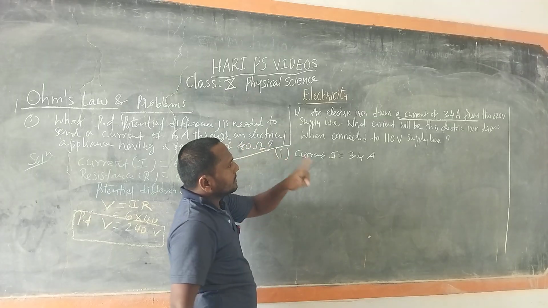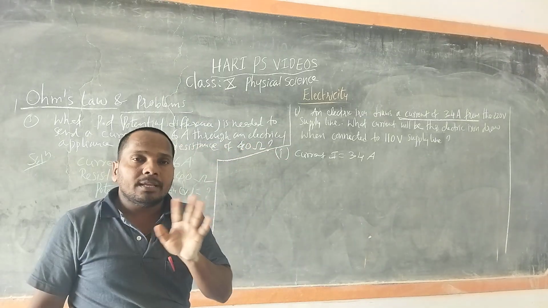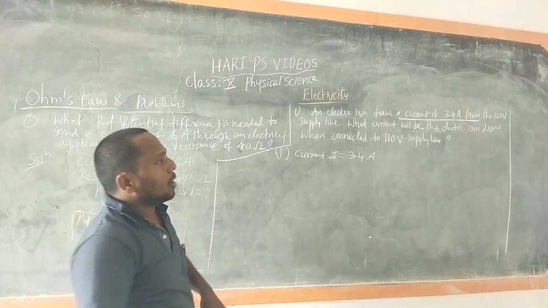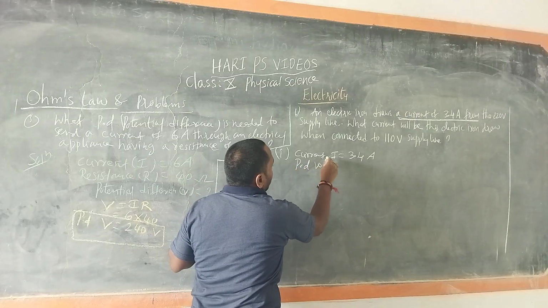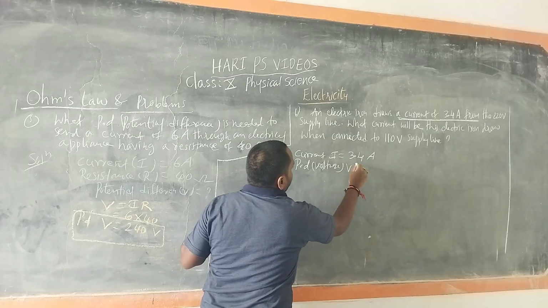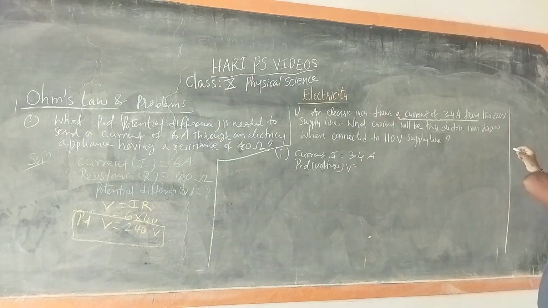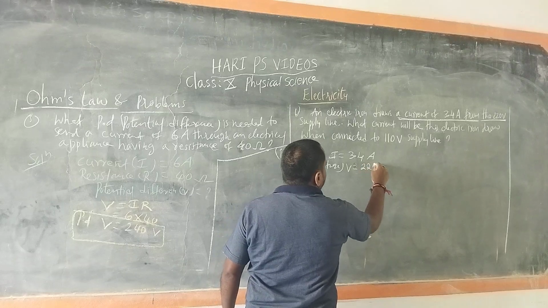Then what is the potential difference? Voltage is nothing but potential difference, keep in mind. So the PD or voltage V is equal to 220 volts.